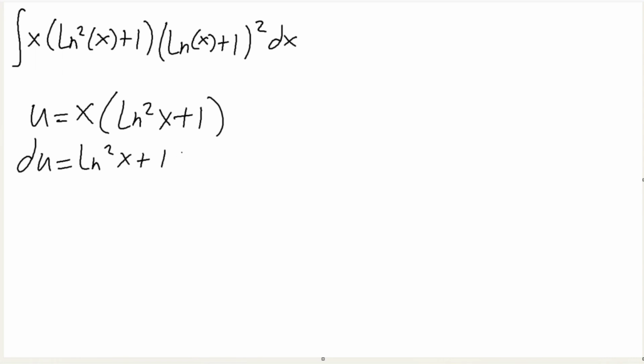And then when you derive this, this is 2 ln of x, all times 1 over x, but it gets cancelled out by this x. And so this is your du.